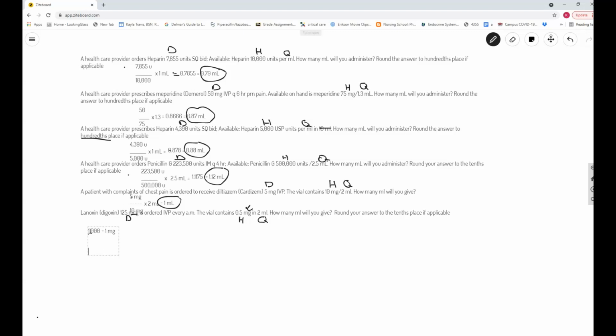So 125 divided by 1,000 gives me 0.125 milligrams. So I'm going to do 125 micrograms divided by 1,000 micrograms times 1 milligram equals 0.125 milligrams.